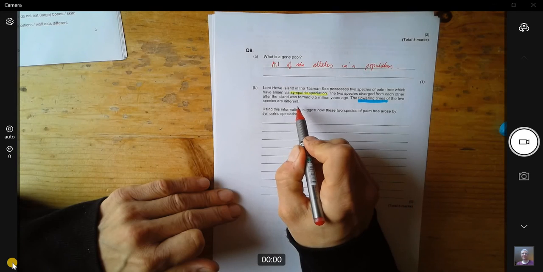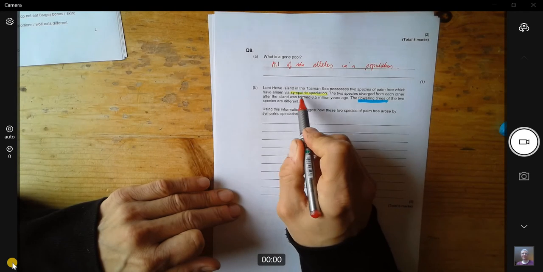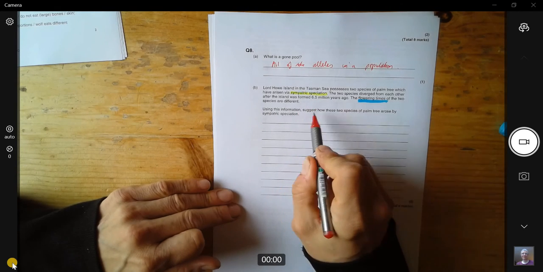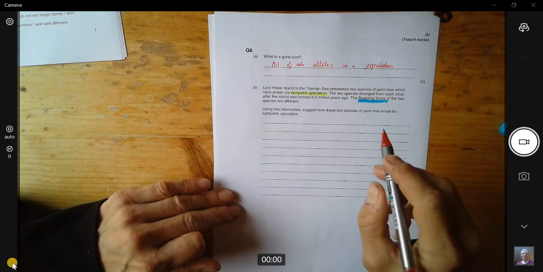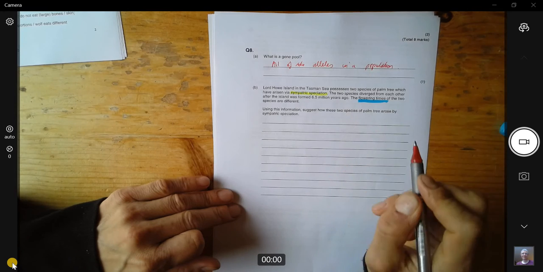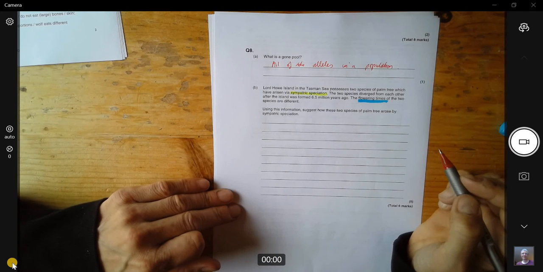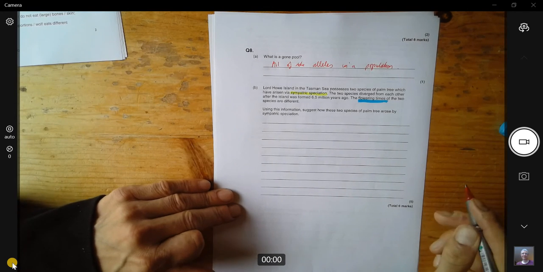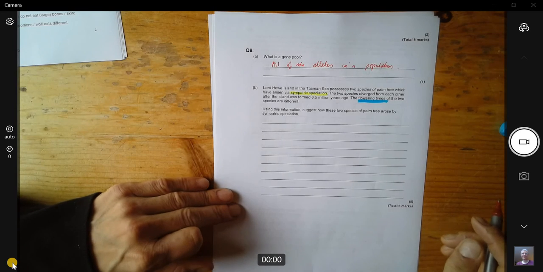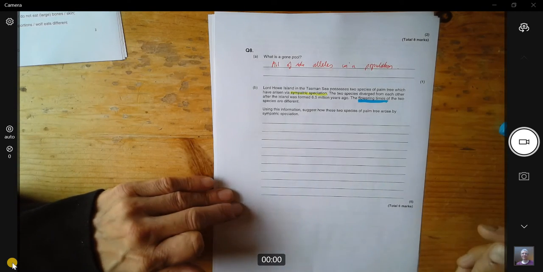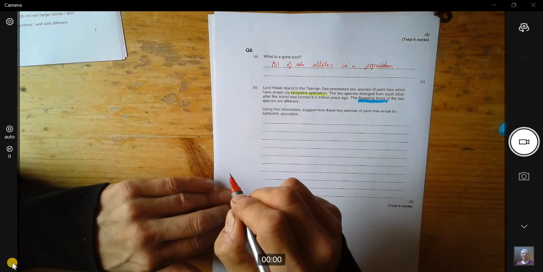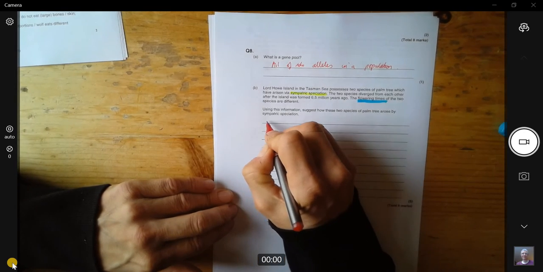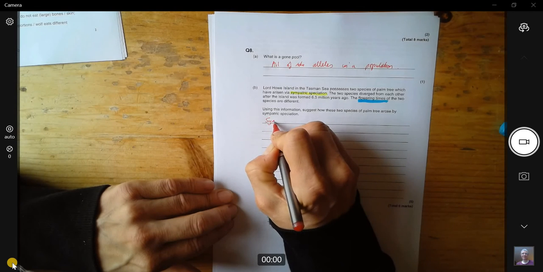Using this information, so information about sympatric speciation, information about how the flowering times has enabled this, suggest how these 2 species of palm tree arose by sympatric speciation, for 5 marks. So we just need to cram in as much theory as we can here and mention the various bits from the paragraph there. So let's go for starters.